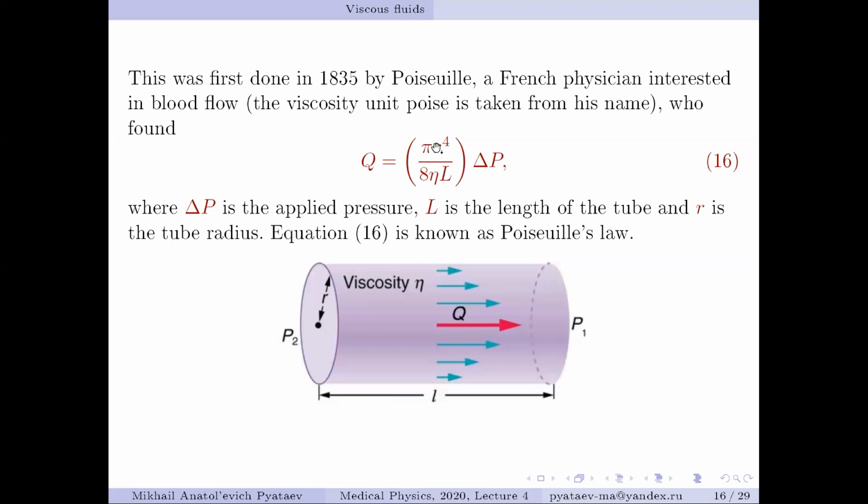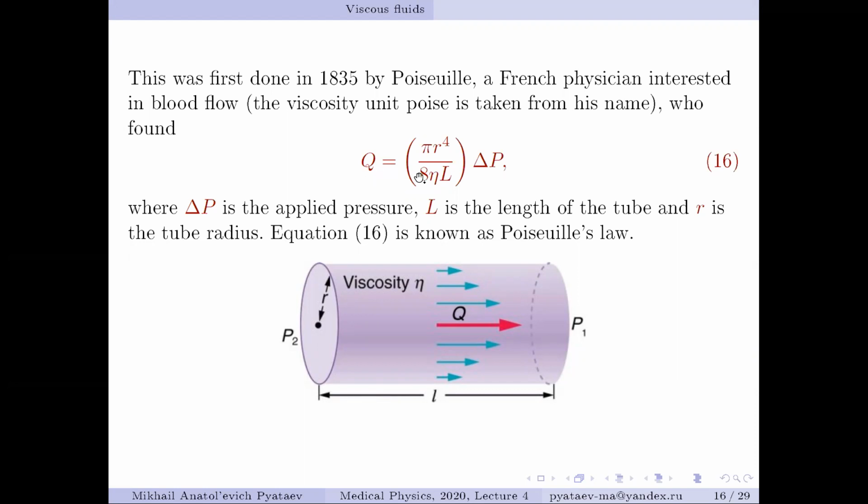Well, another term again is the radius of vessels. If for some reason the vessels are constricted, then the radius decreases, and we have a very strong decrease in flow rate. For example, a decrease of the radius of a vessel by a factor of 2 gives a decrease of Q by a factor of 16.